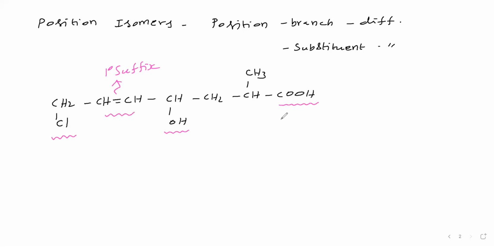Among them, carboxylic acid is the main functional group. This OH is not the main functional group when carboxylic acid is present. It is considered as a substituent. Why?